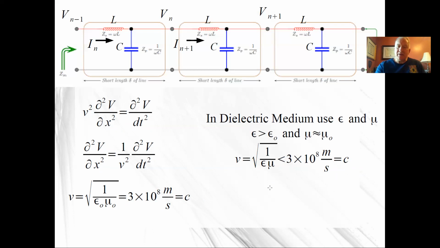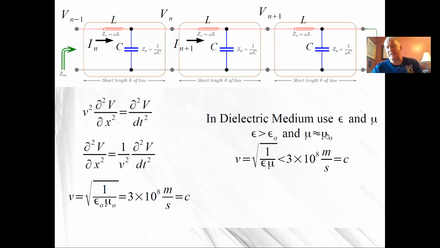In a dielectric medium, we should just use the permittivity and permeability of the actual dielectric. In this case, what we find is that epsilon is usually greater than epsilon naught, which is for free space or a vacuum, but mu is approximately equal to mu naught.